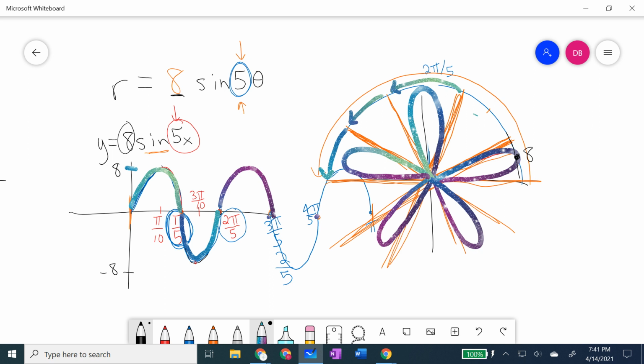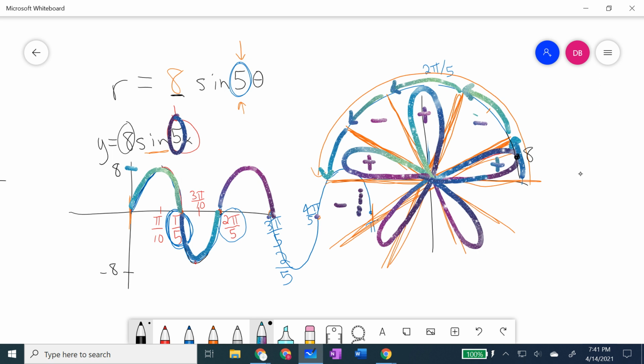But when you're dealing with this number being odd, then once you've done your 0 to pi, what you did was positive radius, negative radius, positive radius, negative radius, positive radius. And now I'm about to go into a negative radius, which means I'm not going to graph in this region.